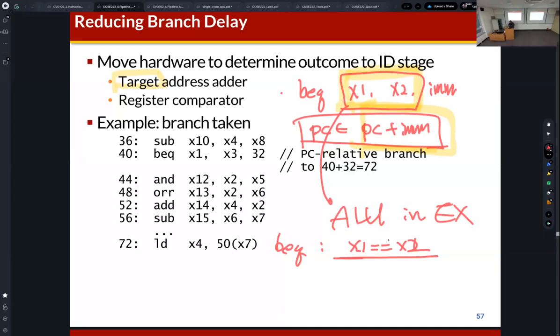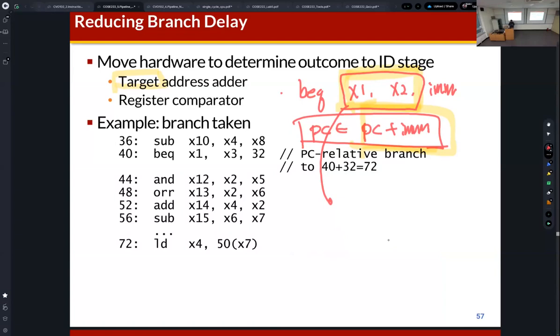So this comparison is actually very simple. We don't need to use a subtractor, okay? Because we just check the equality of these two data, X1 and X2.